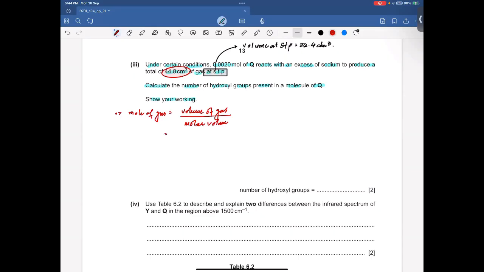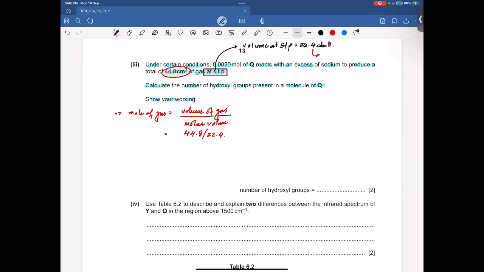We need to find the volume of gas, which is 44.8, and the molar volume at STP is 22.4. Oh, that's dm3, so I have to convert it into cm cube.